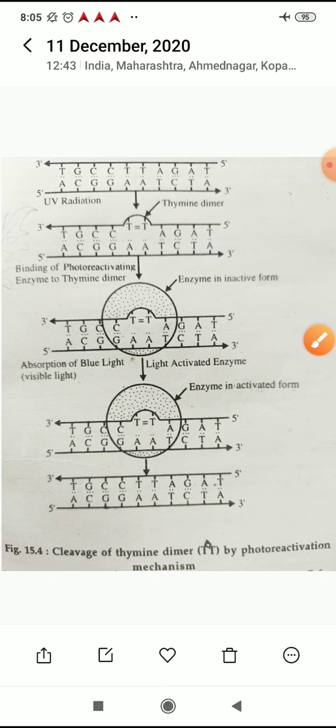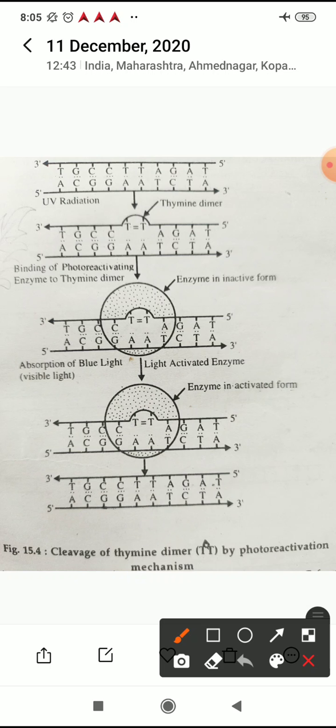Before that, we will see how it happens in case of photoreactivation. See here, it is a normal DNA. Now, due to exposure to ultraviolet rays, a thymine dimer is formed over here.